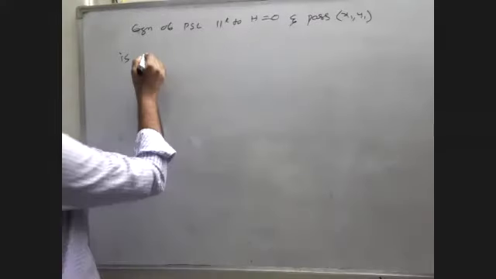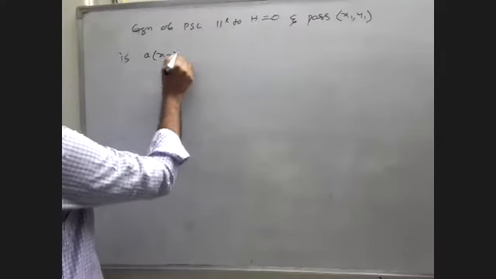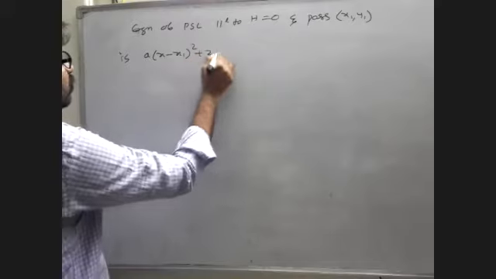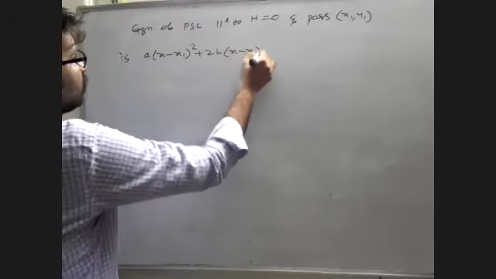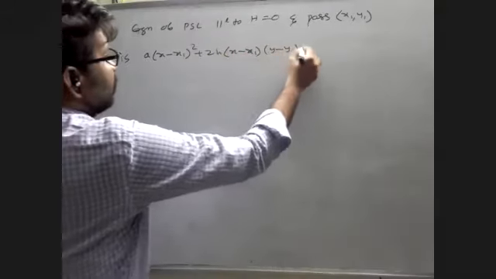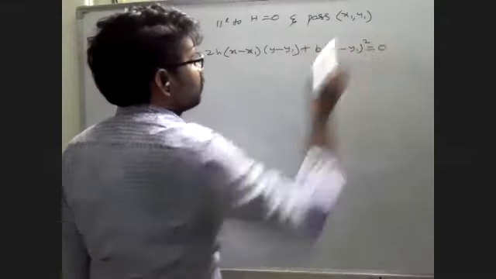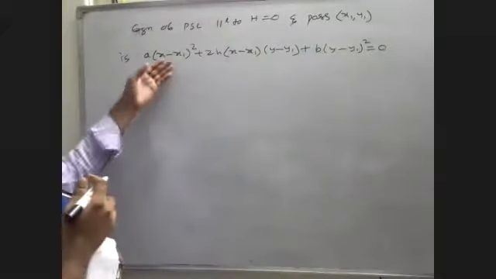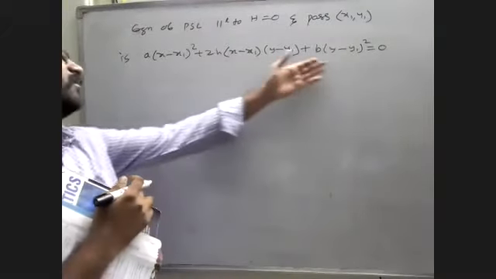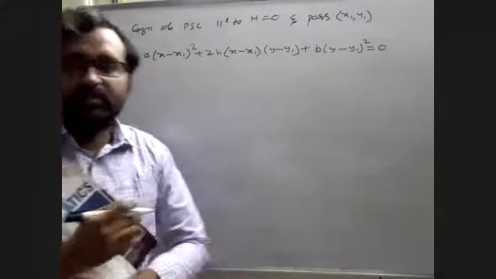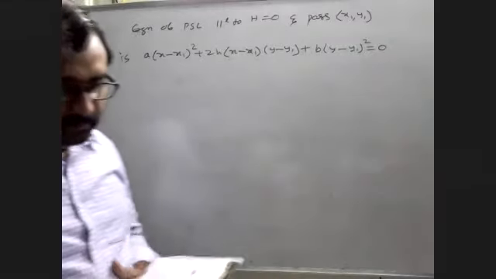See, very easy, same like straight line: a into (x minus x1) whole square plus 2h into (x minus x1) into (y minus y1) plus b into (y minus y1) whole square equal to 0. Just x square becomes (x minus x1) whole square, y square becomes (y minus y1) whole square, xy becomes (x minus x1)(y minus y1). This is for parallel.